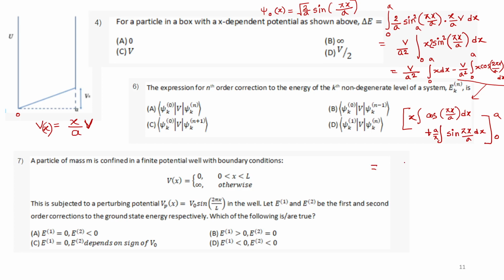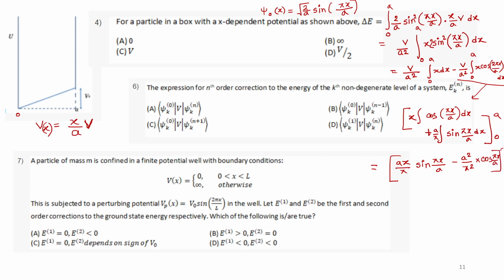So we'll get x a by pi sine pi x by a minus a square by pi square cos pi x by a.